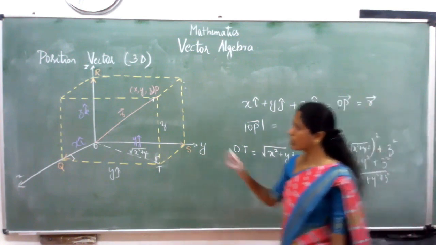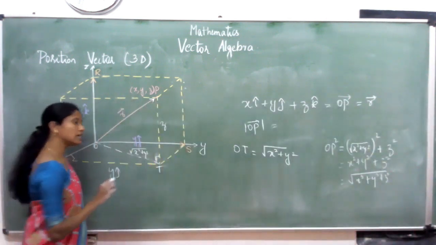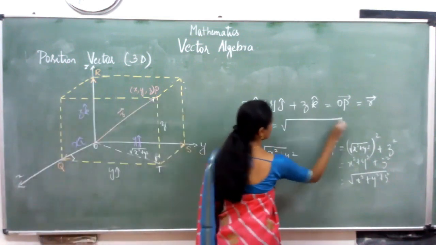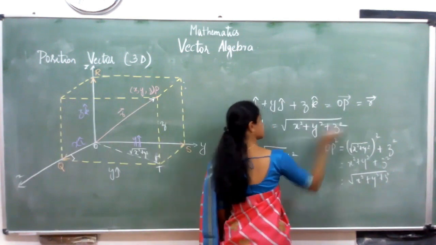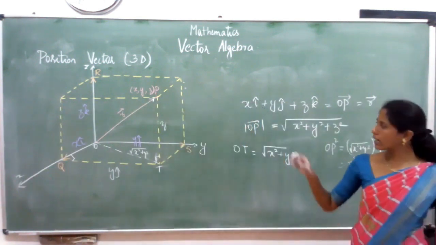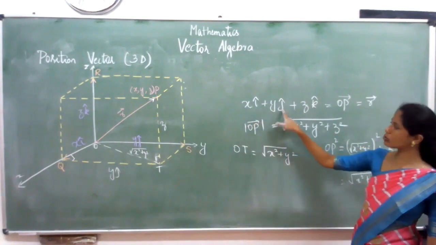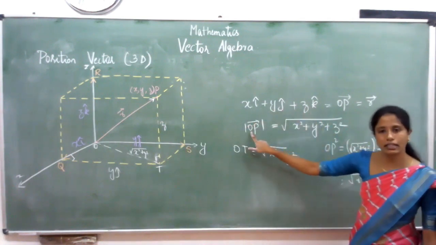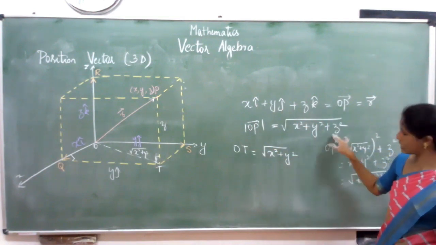Therefore the magnitude of the vector OP is given by root of x square plus y square plus z square. The position vector is OP and it can be written as x i cap plus y j cap plus z k cap, and the magnitude is root of x square plus y square plus z square.